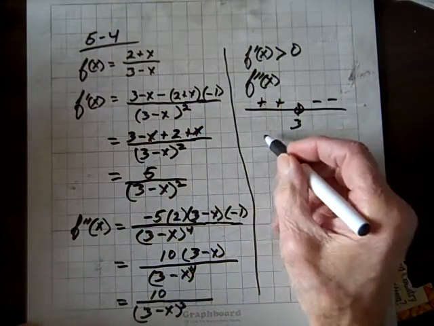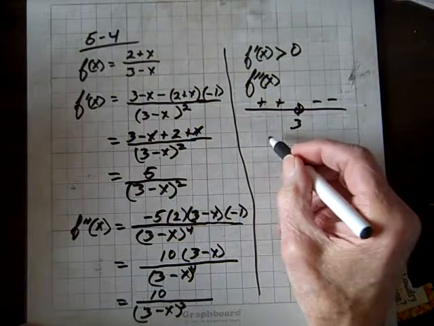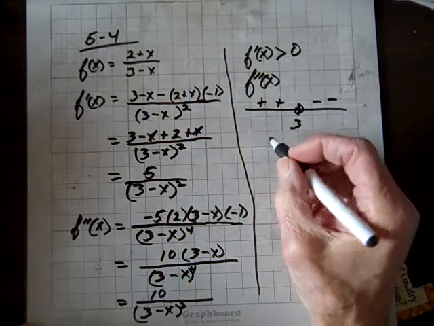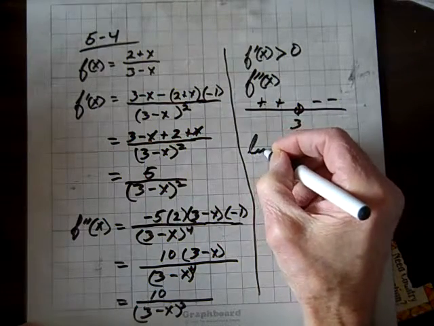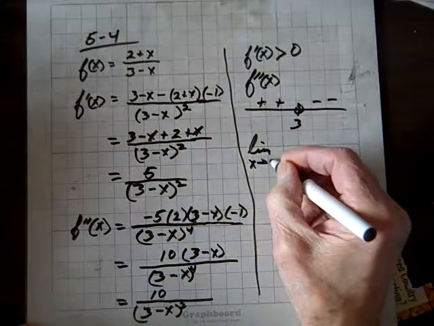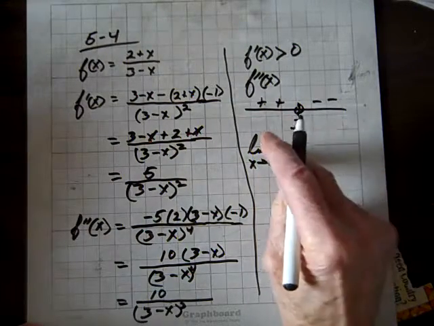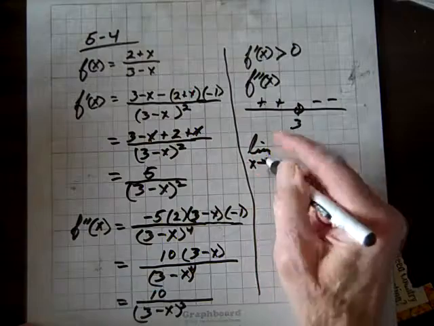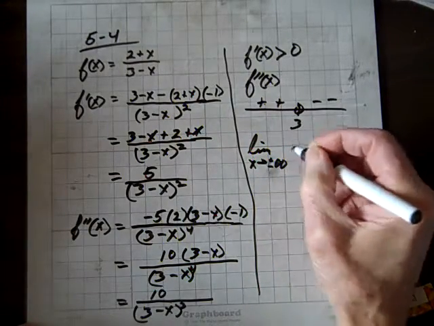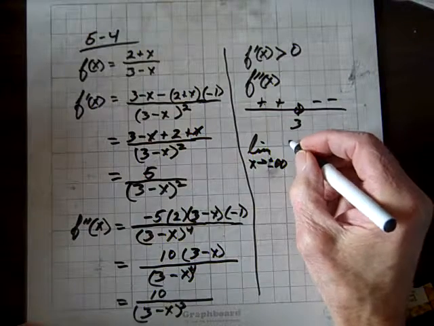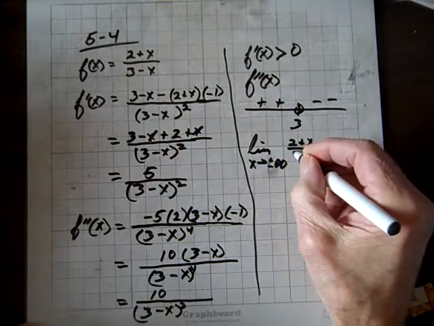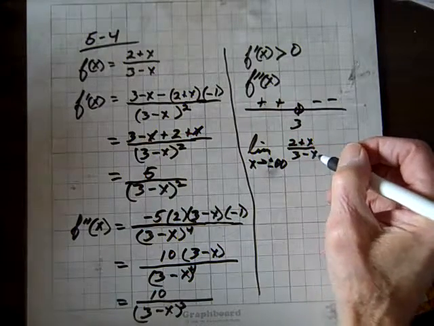Now we need to do one other thing, and we've got to do the horizontal asymptote, so we'll just take the limit as x goes to infinity. In fact, I'm going to make that plus or minus infinity because they both behave the same. And we've got 2 plus x over 3 minus x.